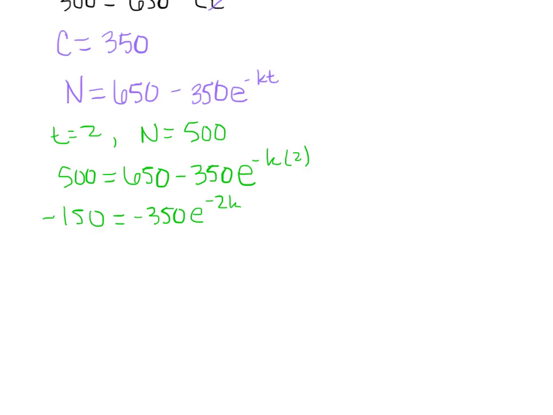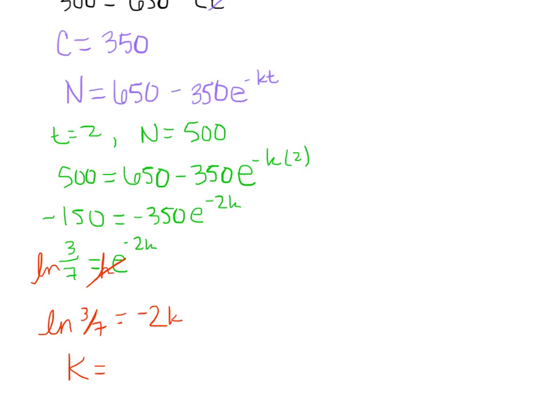So when I divide by a negative 350, I see that I have 3/7 is equal to e to the negative 2k. If I take the natural log of both sides, the natural log and the e are going to cancel. And I have the natural log of 3/7 equals a negative 2k.